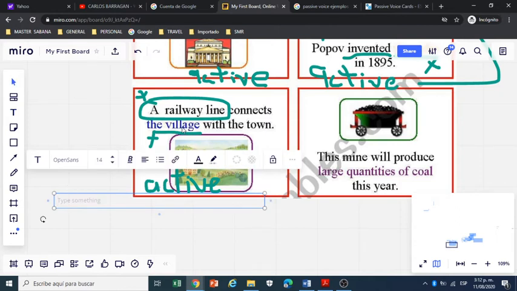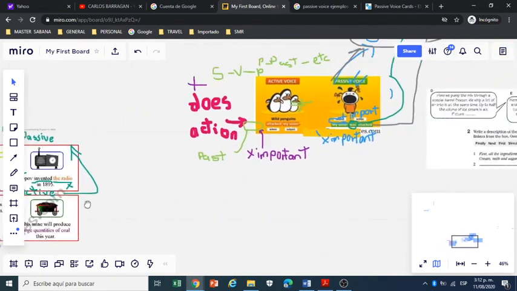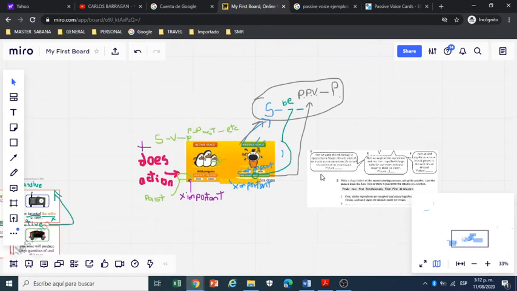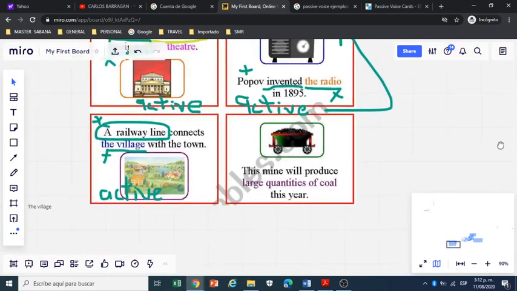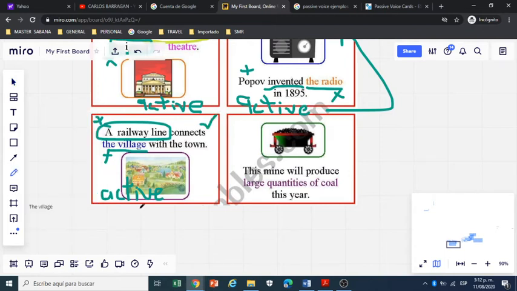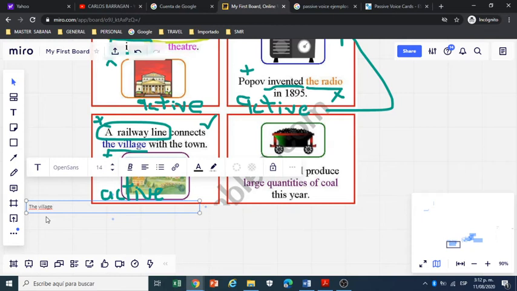So we are going to use this section, the village. The structure of passive voice: we need the verb to be. In this case, the sentence in active is in present, so the verb to be in the passive is going to be in present.